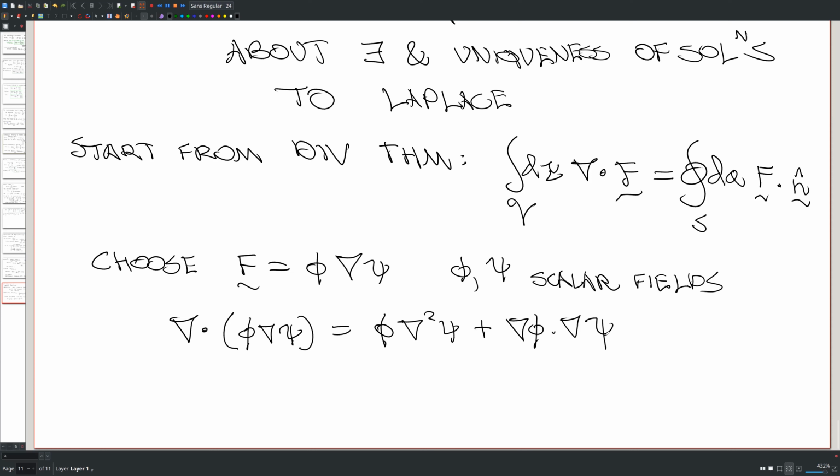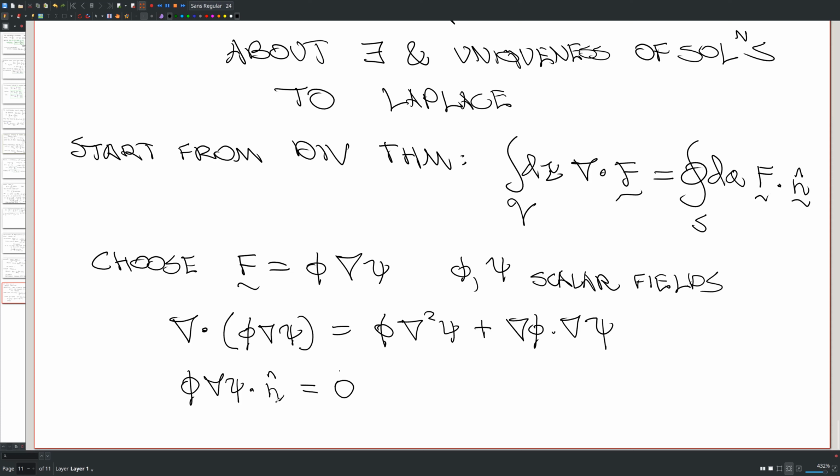Then looking at this second bit here, I also have that phi grad psi dotted into this n hat object. So what is that?